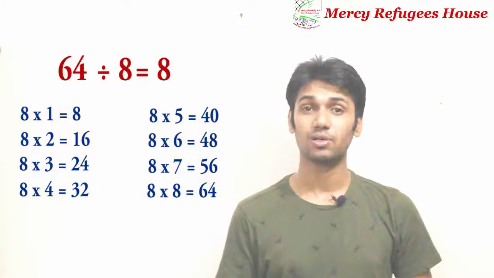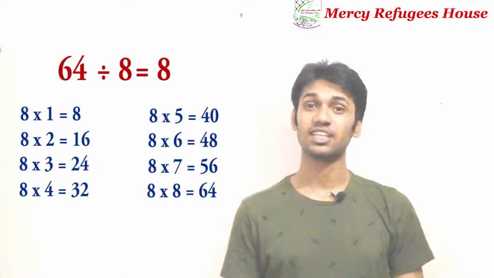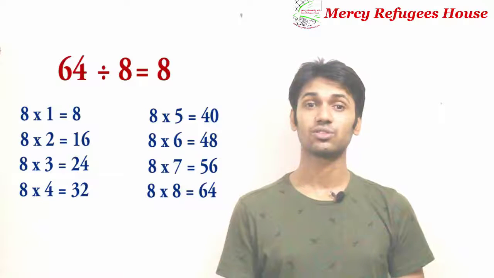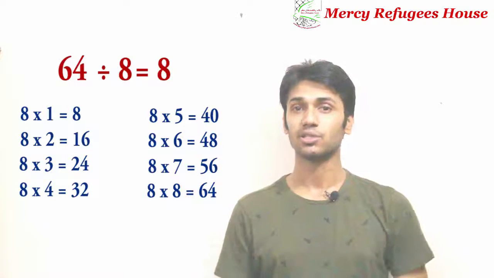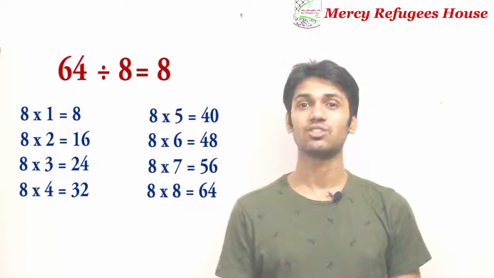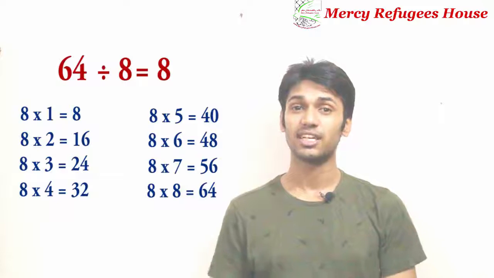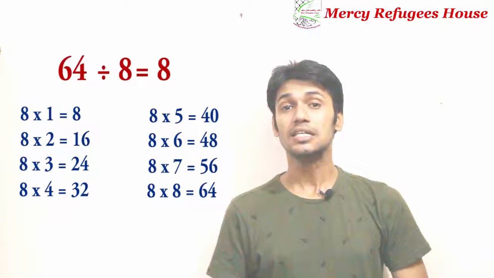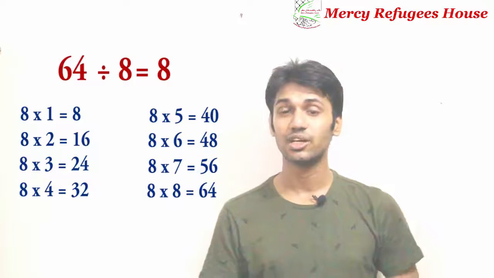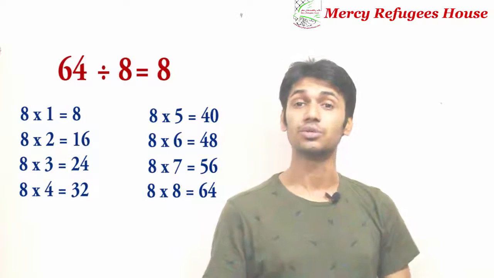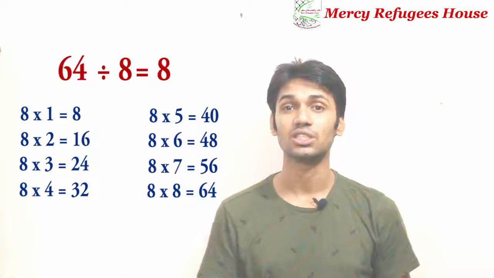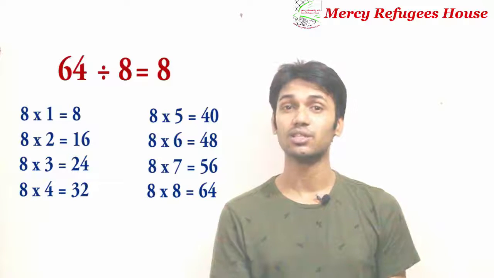They would use the multiplication table of 8 like this: 8 times 1 equals 8, 8 times 2 equals 16, 8 times 5 equals 40, 8 times 6 equals 48, 8 times 7 equals 56, 8 times 8 equals 64. Now if the students have memorized the multiplication table, they should be able to do it clearly if they have understood the basic process of doing the division as you have been teaching.